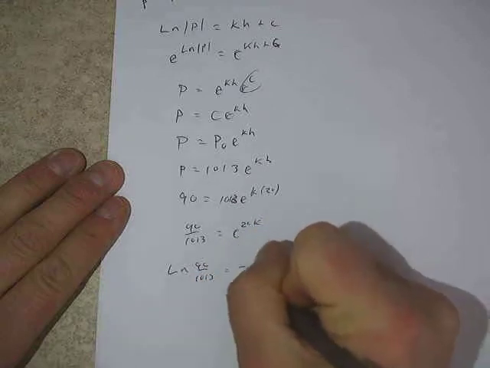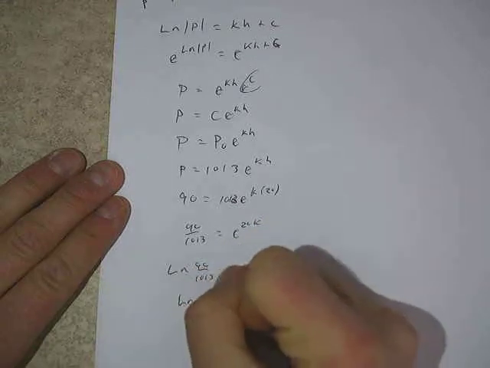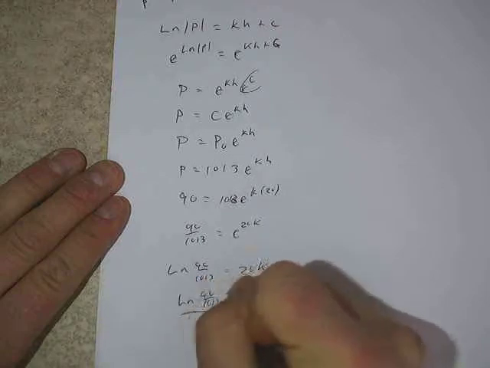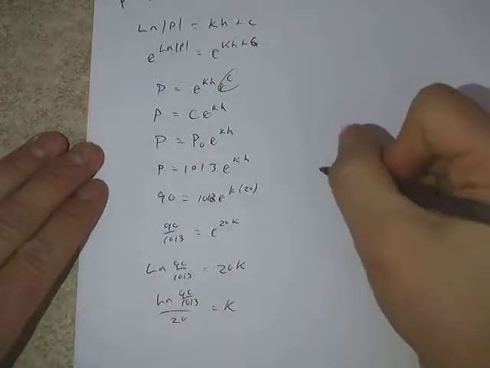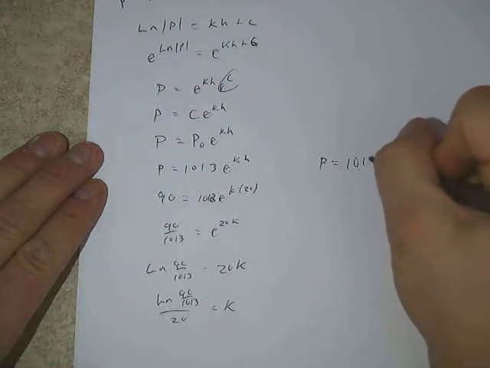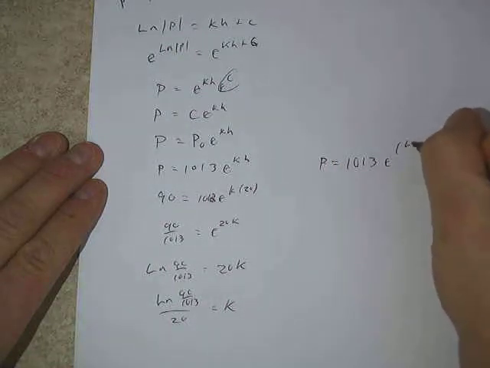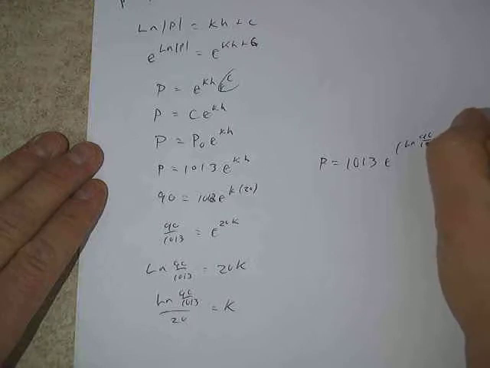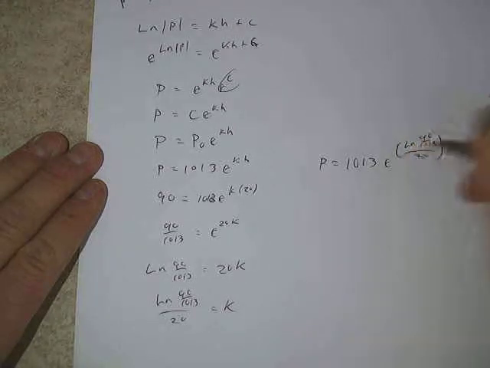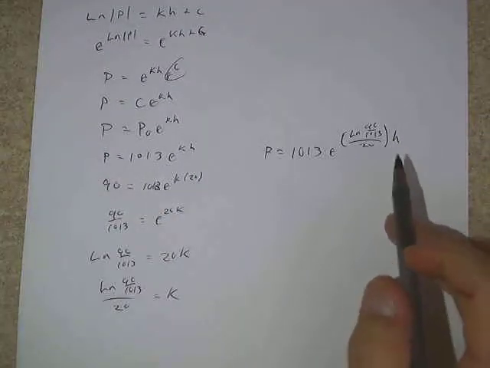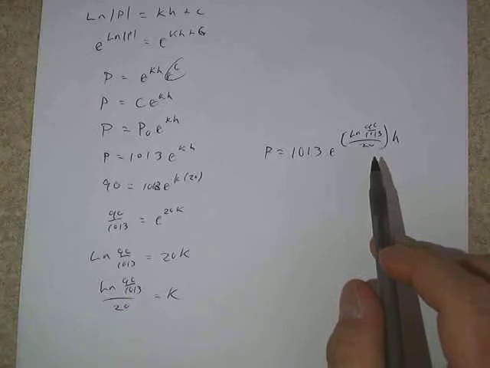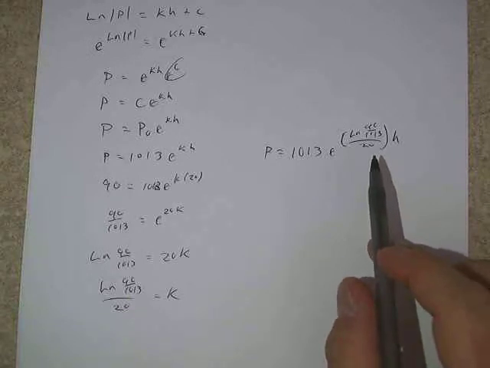So if I divide 90 divided by 1,013, get e to the 20k, and then take the natural log of both sides, and divide, I get natural log of 90 over 1,013 over 20 equals my k. So going back up to this point, my new equation then is 1,013 e to the ln of 90 over 1,013 divided by 20 h.